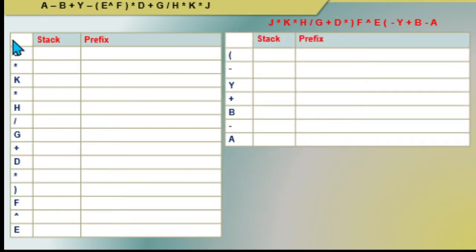When you see an operand, you are going to write it in the output. So this is our output. When you see an operator, you are going to push it on the stack.